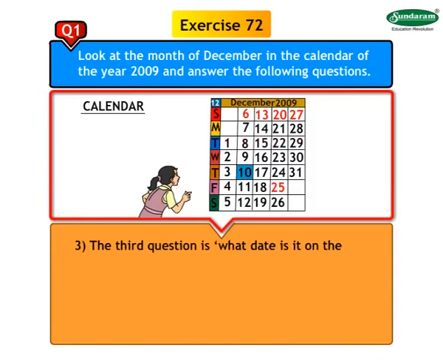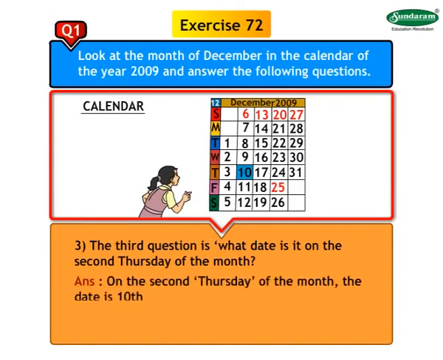What date is it on the second Thursday of the month? See the calendar carefully. Against T for Thursday and in the second column we have the number 10. Thus, on the second Thursday of the month, the date is 10th.